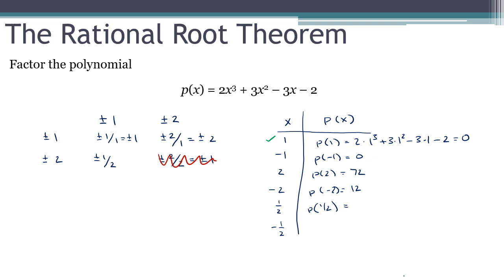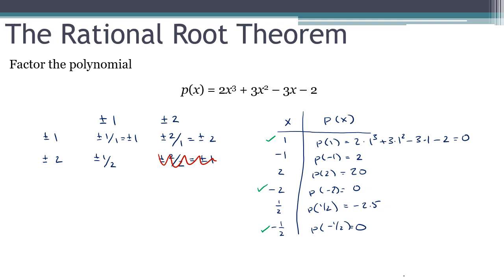Well, I'm sorry, I was looking at the wrong one. P of -1 is 2. P of 2 is 20. P of -2 is 0. P of 1/2, that's -2.5. And P of -1/2 is 0. So now I found my 3 roots.